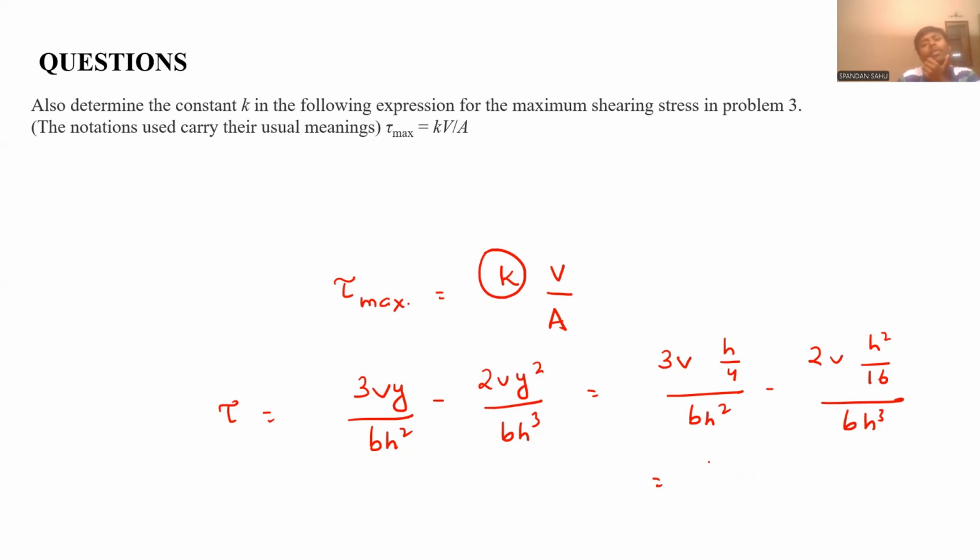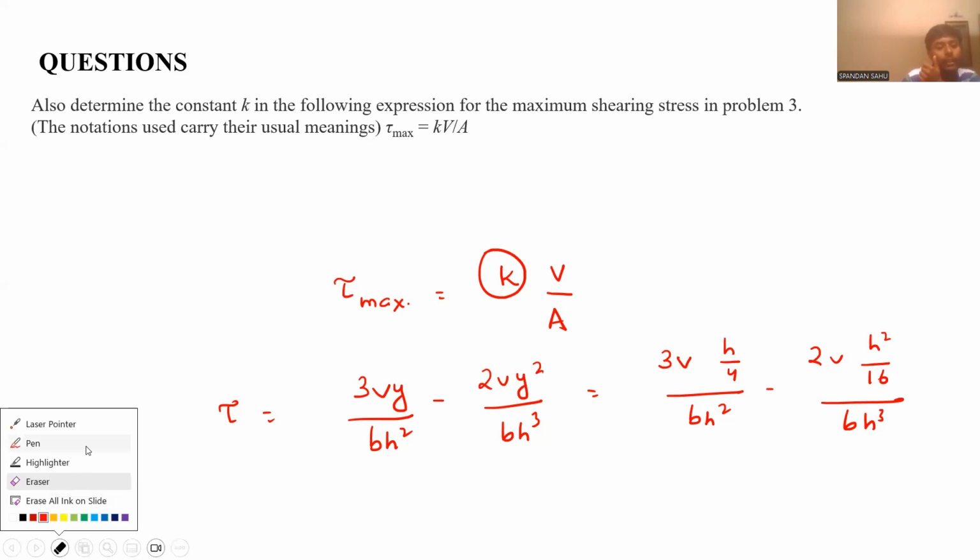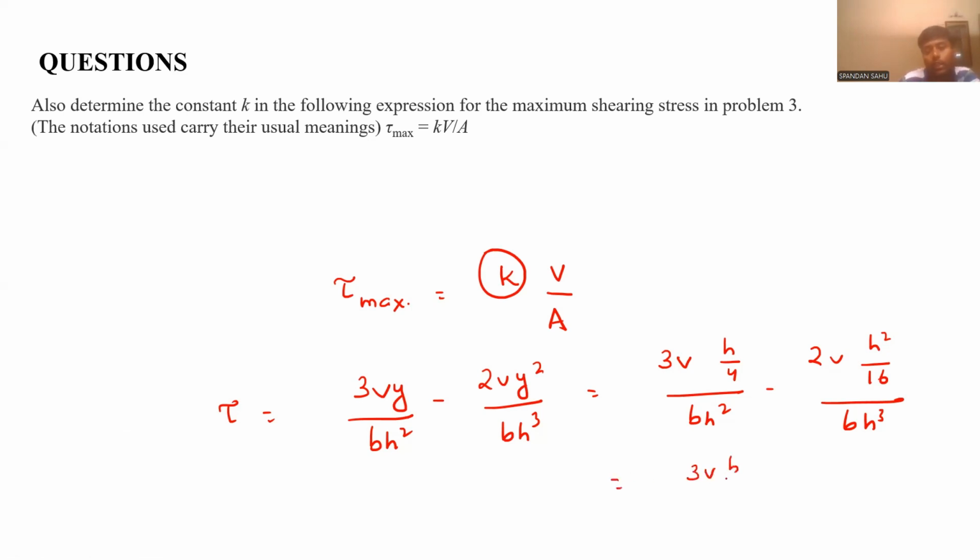So we are getting 3 by 4 V upon bh. It will be equal to 3V h by 4 upon bh square minus 2V by 16. 2V by 16 means it will be V upon 8bh.